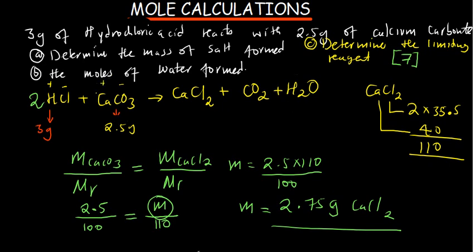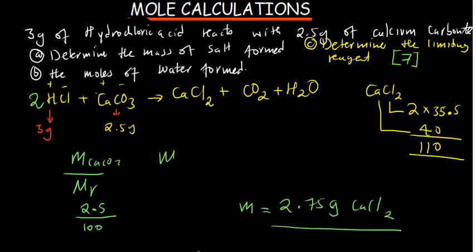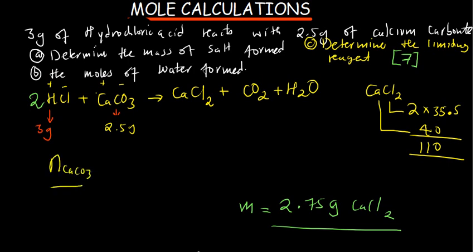So to find the moles of water that is formed, the number of moles of calcium carbonate over the coefficient, which is 1, should be equal to the number of moles of water over the coefficient, which is 1. Now don't put the ones down, it doesn't change anything. It just tells us that the number of moles of calcium carbonate is equal to the number of moles of water.